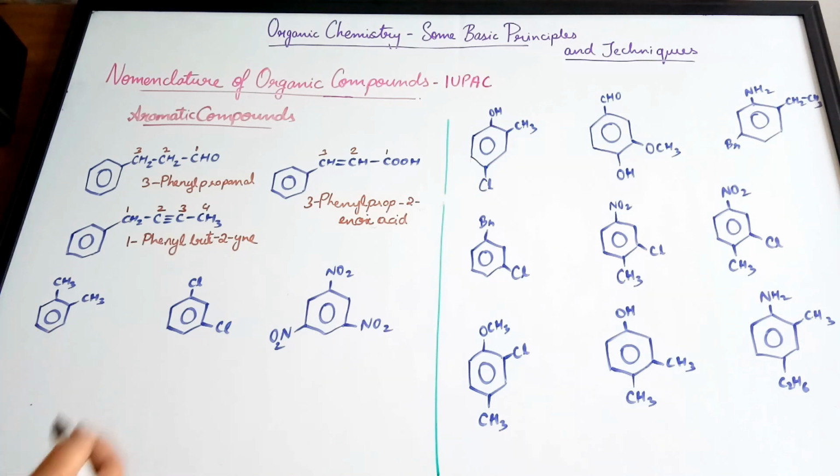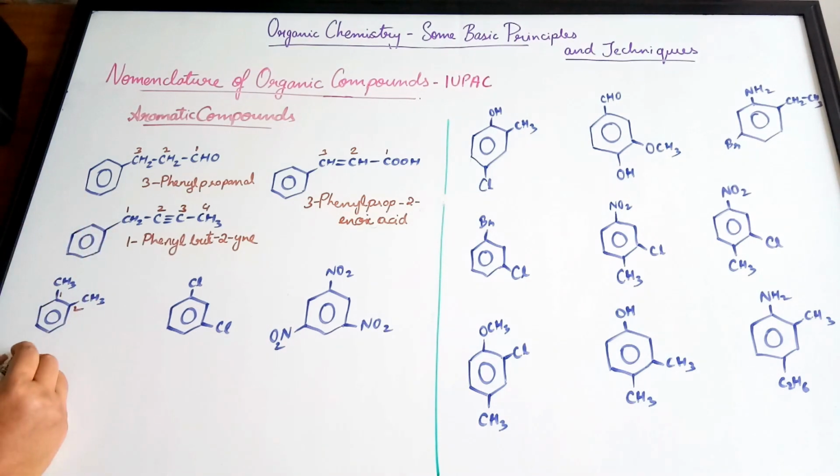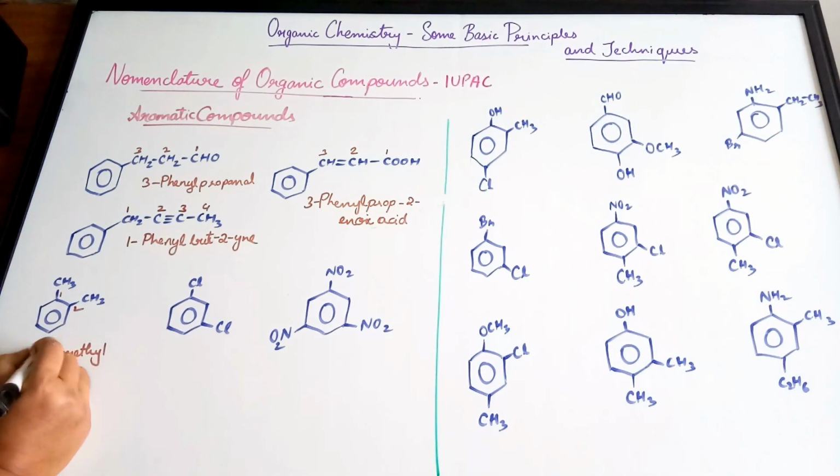The next ones are basically disubstituted or tri-substituted compounds. In these cases, the positions of the substituents are indicated by numbers. So 1, 2-dimethylbenzene.